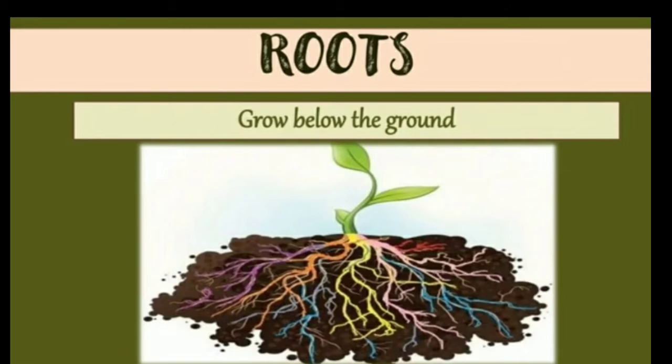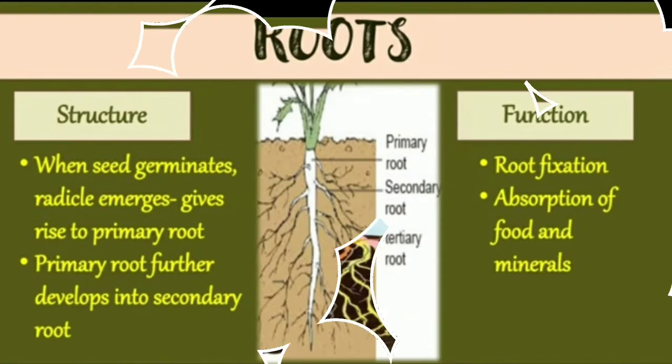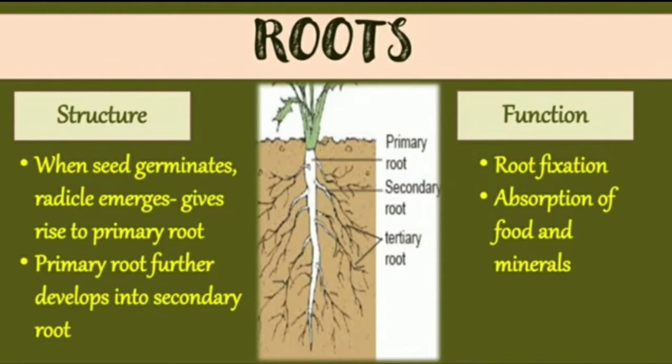Understood, children? Children, the structure of roots is this: when the seed germinates, the radicle emerges. We have just learnt this. And then it gives rise to primary roots. These primary roots further develop into secondary roots.